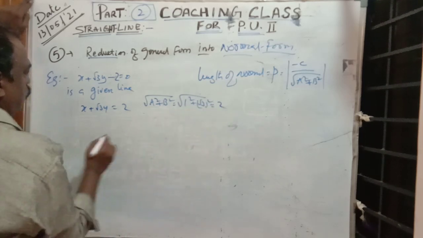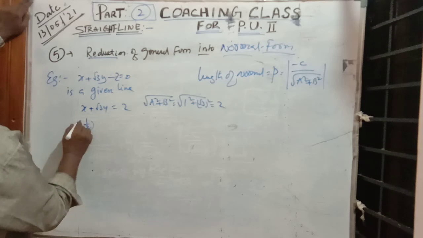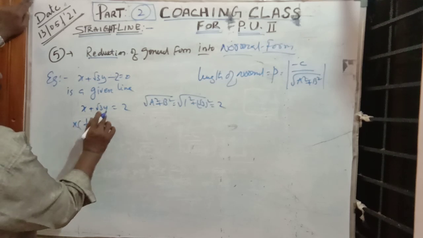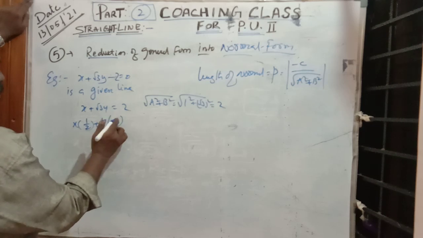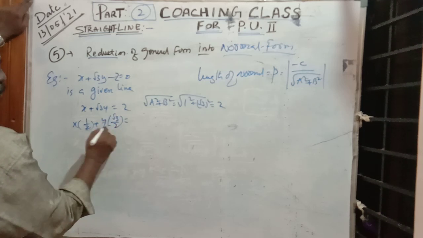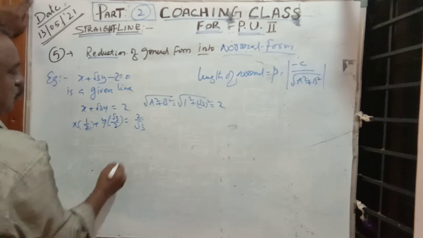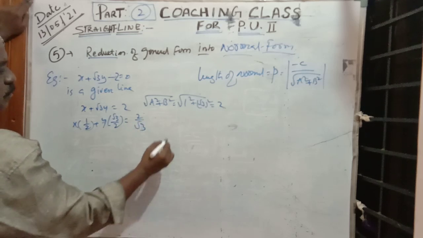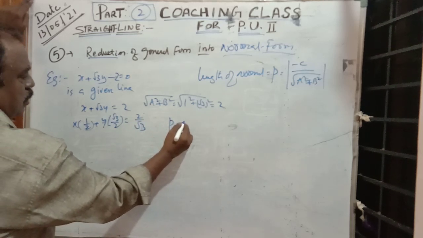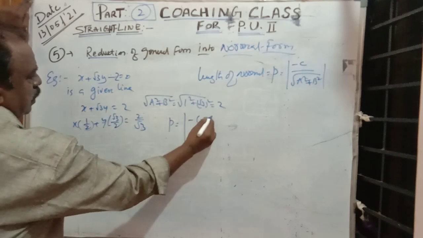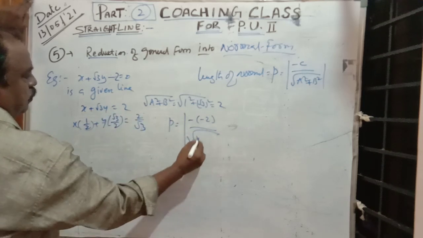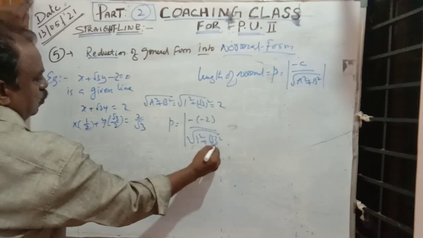So it is 1 by 2 x plus root 3 by 2 y is equal to 1. The formula for p is modulus of minus c by root of 1 square plus root 3 square.